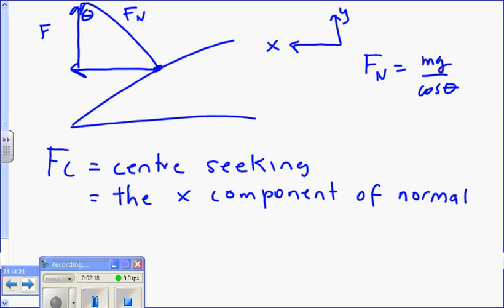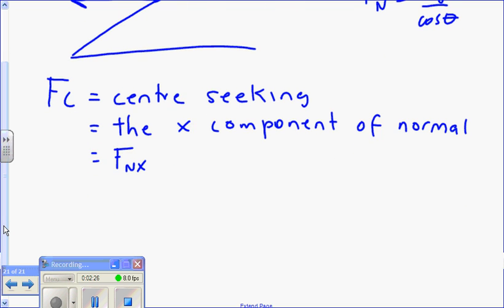The x component of that would be Fnx. And if I was going to be more specific, then besides just saying the x component, I could say Fnx is Fn sine theta because it's opposite the angle.